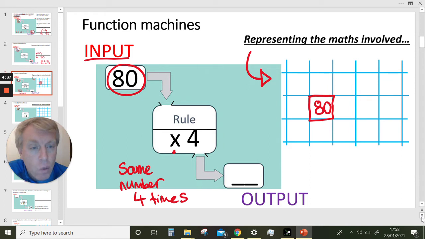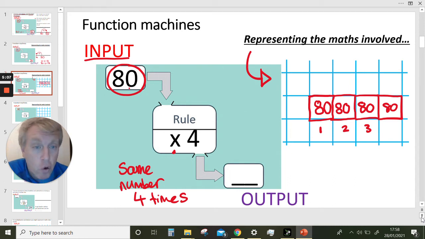I've got it one time. I draw another part of the bar, another box. So this is 1 time, 2 times, 3 times, 4 times, and it's the same number 4 times. It's 1 times, 2 times, 3 times, 4 times 80.